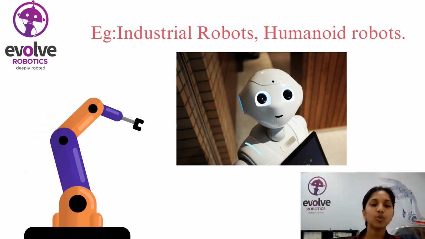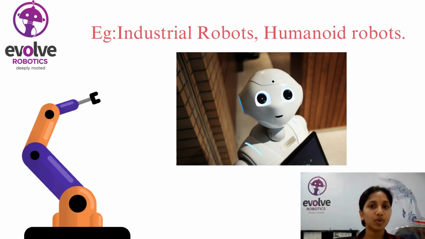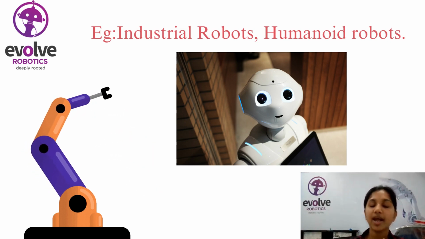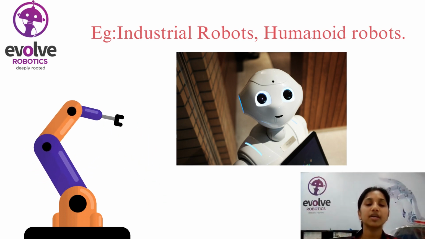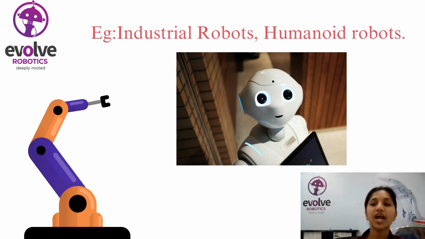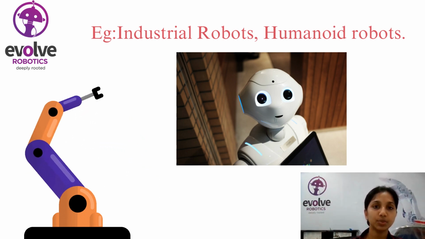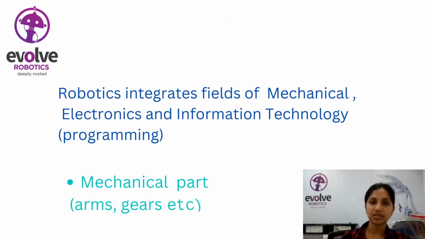The area which specializes in robots is known as robotics. That means the designing, development, everything related to robots comes under robotics. So that is actually a field related to robots. Firstly, we can say the mechanical parts.